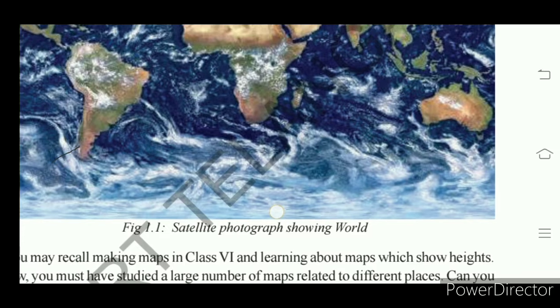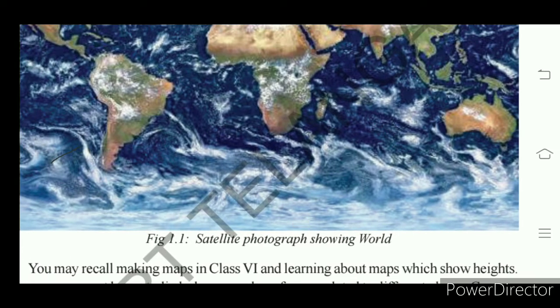Suppose a photograph is taken of a place, there what do you find? A place may show houses, trees, roads, and many more things. So all these are not important for a map maker.